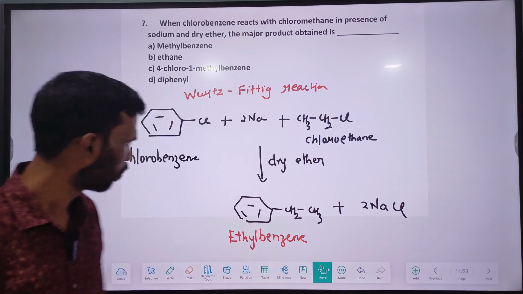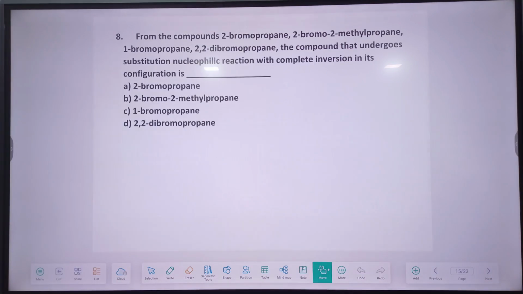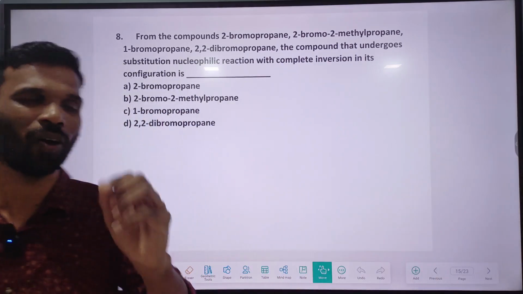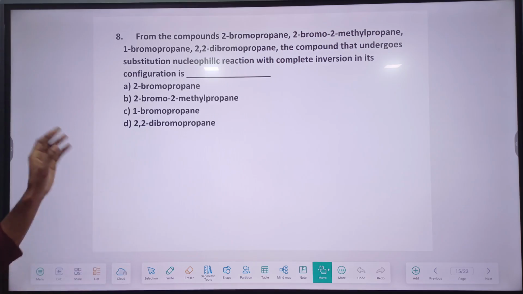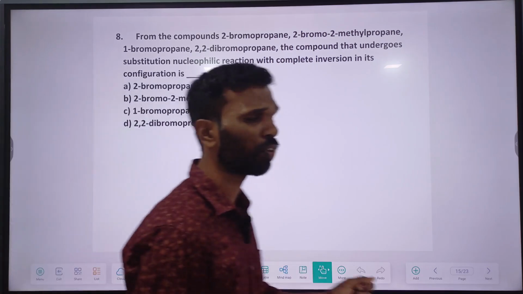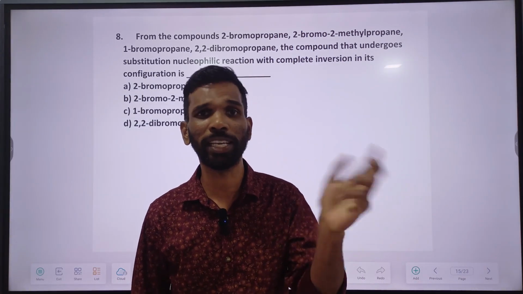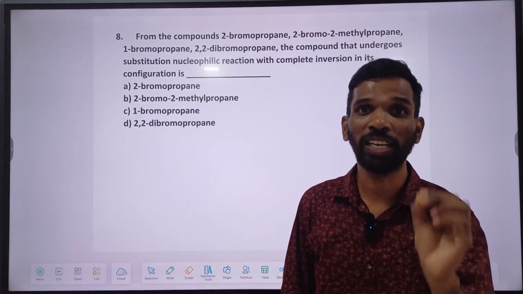Okay, so we'll go ahead. Again there are compounds given, names are given, you should know how to decode the structure. The compound that undergoes nucleophilic substitution reaction with complete inversion of configuration. Can someone comment and tell me? Complete inversion of configuration means they are talking of what? It is the SN2 reaction.